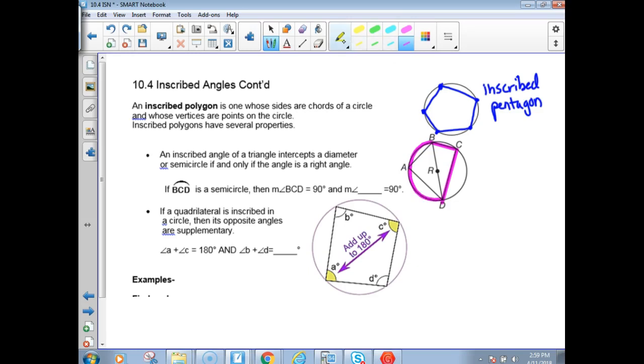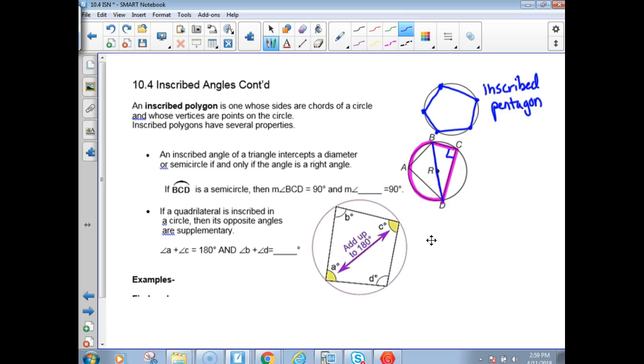How big is half a circle in degrees? Isn't that 180? And this angle is an inscribed angle, so it would have to be 90 because that's half of 180. So you really don't have to know this theorem to get it. But since B to D is a diameter, we know that has to be a right angle.